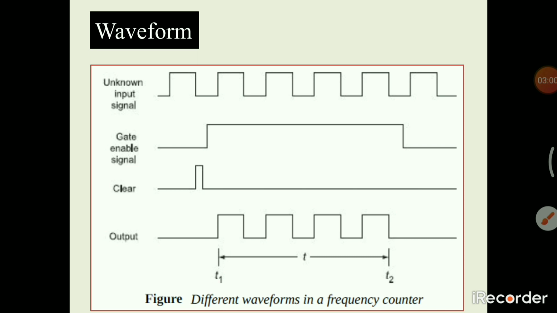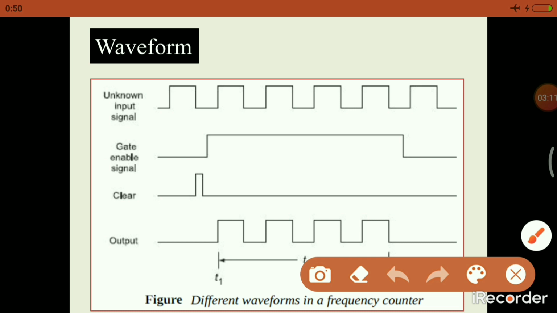So to get the 1 second reference signal, we know that one cycle means one positive half cycle and one negative half cycle. Like this, in this signal, here is a positive and negative half cycle. So it means that this is 1 and 0.